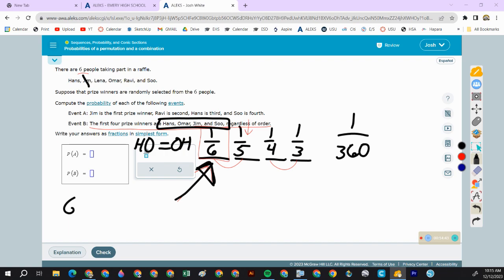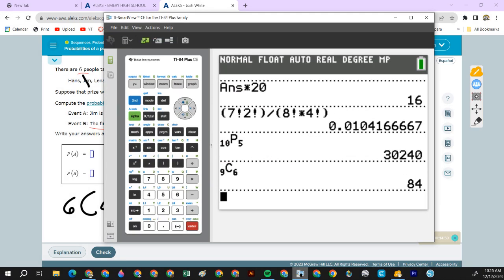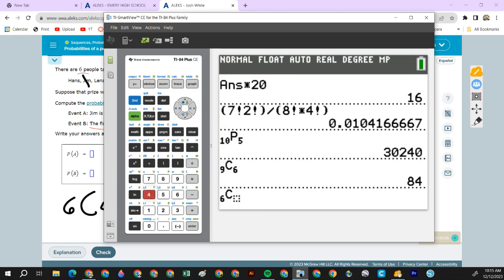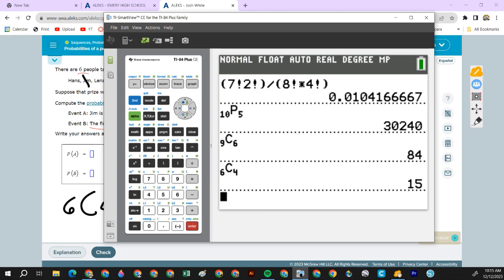There are 6 people, and we're choosing 4 of them, so 6 choose 4. 6 choose 4 is 15.